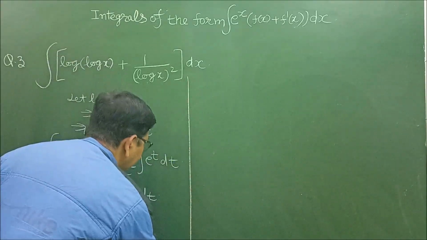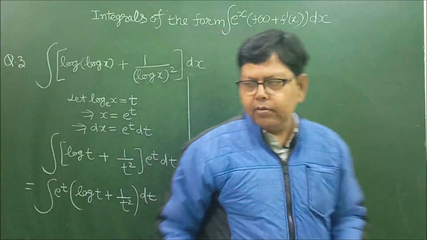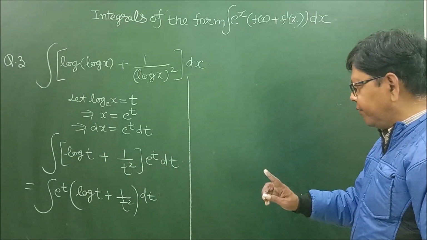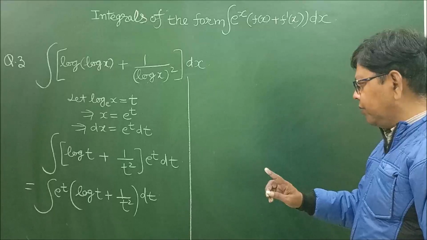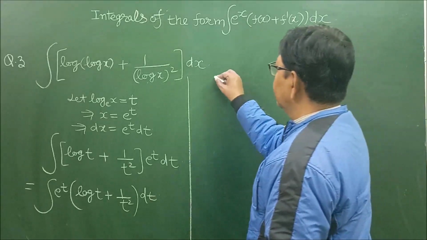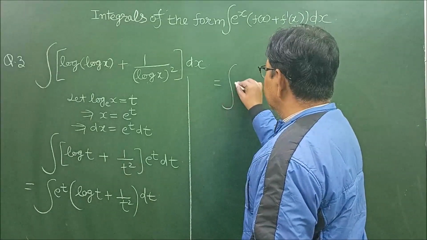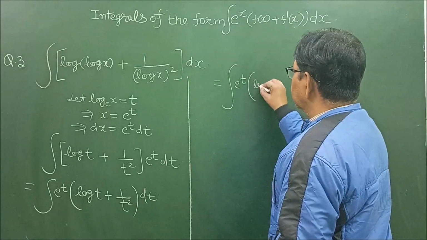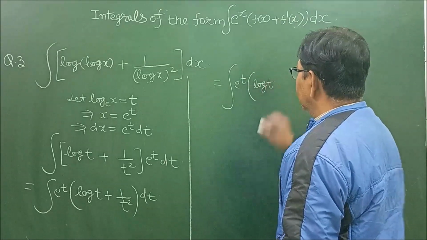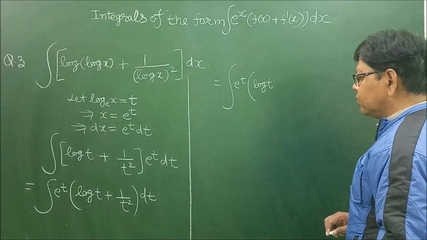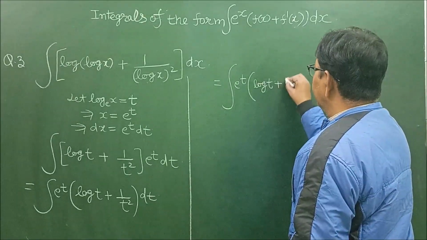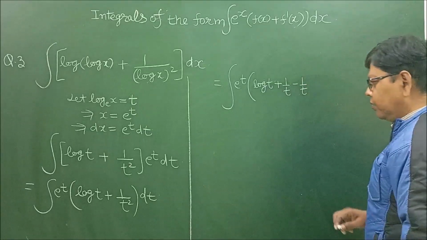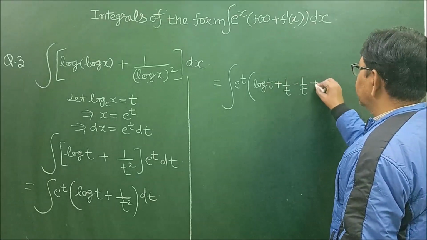और इस इंटीग्रल में अगर हम 1 अपॉन t ऐड कर दें और 1 अपॉन t माइनस करें, तो ये इंटीग्रल रिड्यूस हो जाएगा e raised to the power t into (log t plus 1 upon t minus 1 upon t plus 1 upon t square).